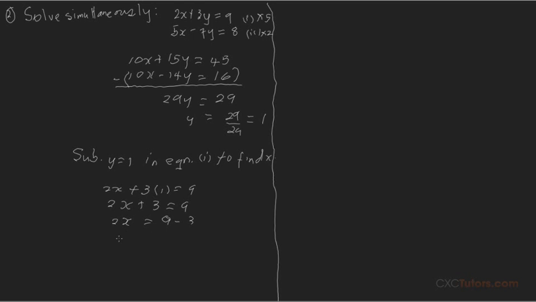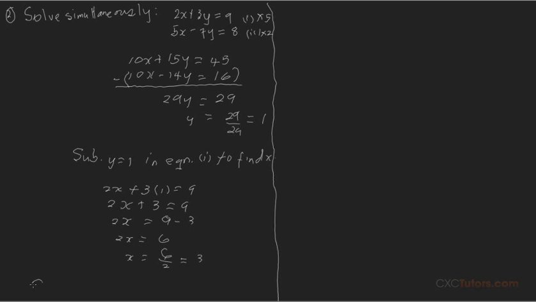Our equation is balanced, and so 2x is equal to 6. We divide both sides by 2 to make x the subject, and so x is equal to 6 divided by 2, and that gives a value of 3.